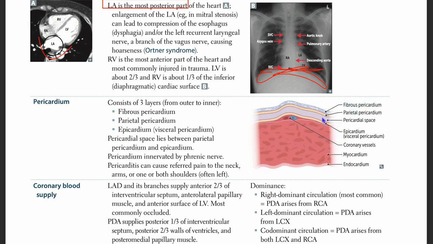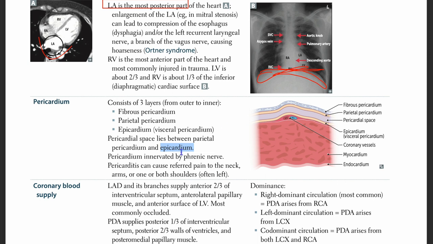On this side, you call that pericardium as well, visceral though, or you can call it epicardium. So between the epicardium and myocardium you have the coronary vessels, and all the way on the inside of the heart is the endocardium. This is the one that would touch the chambers. Okay, so the pericardial space lies between the parietal pericardium and epicardium, right?